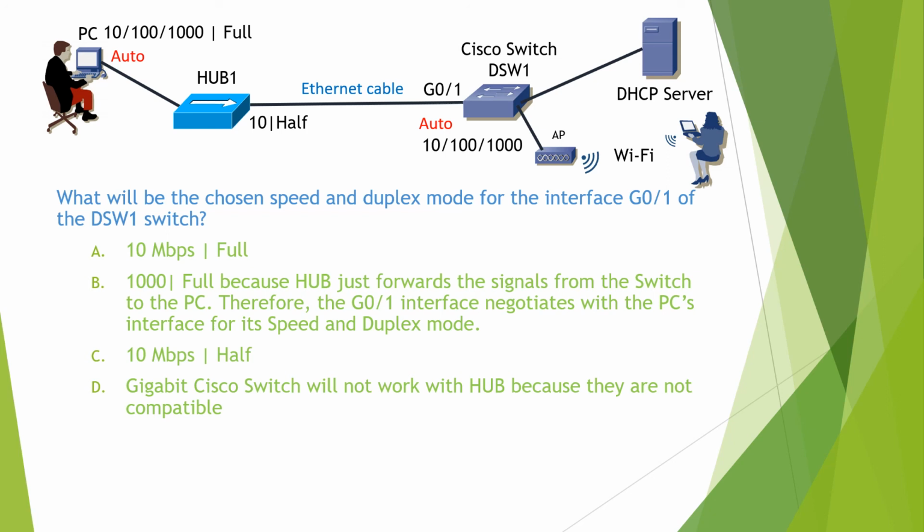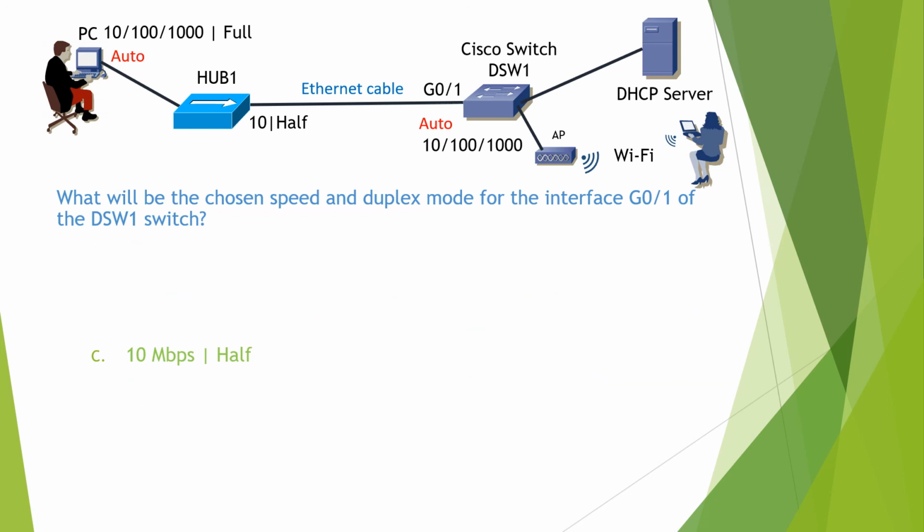Because the interface has the auto settings, it sees the speed of the hub and sets its speed to 10 megabit per second. And because the chosen speed is 10 megabit per second, it sets the duplex mode to half duplex. Therefore, the answer for this question is C. You can find the detailed explanation for this question in the video. Switch interface behaviors.